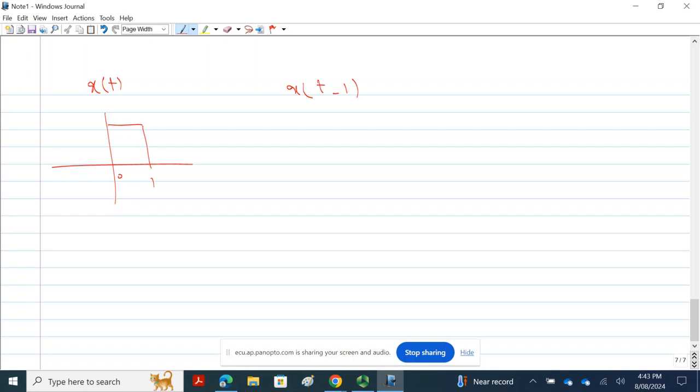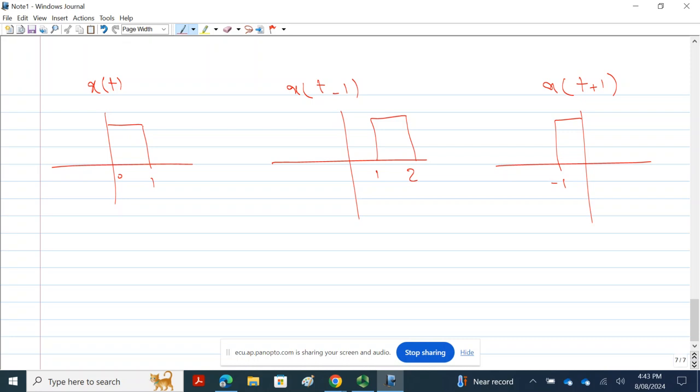Yeah, it shifts to the right, because we are delaying the signal. It will be 1 to 2, and then x(t plus 1), you are advancing it. So it goes to the left.